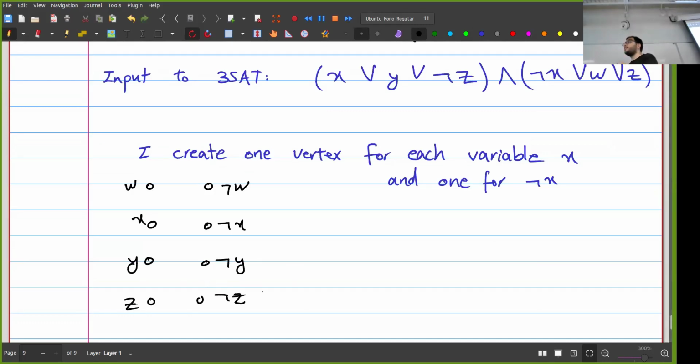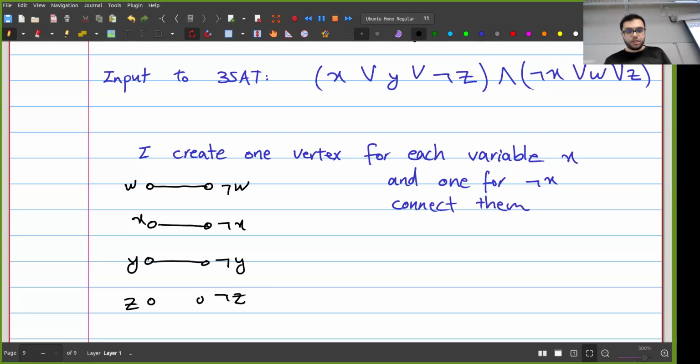And I'm going to connect these pairs of vertices. So connect them by an edge. So in my graph, I'm going to have this edge, this one, and this one. Now, what is the intuition? What do I want to do? I want to say this is an input to an independent set problem.